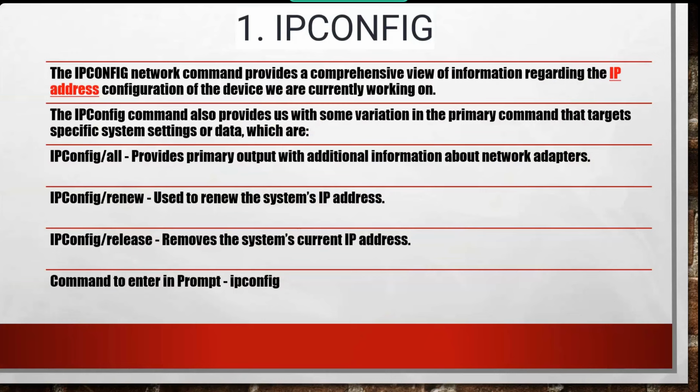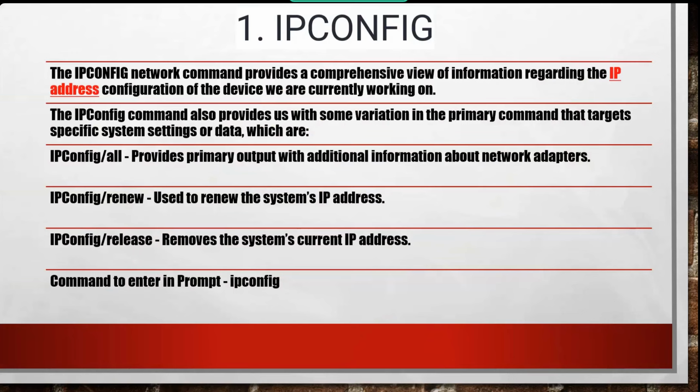The ipconfig command also provides some variations of the primary command that target specific system settings or data. We can either type ipconfig itself, or there are 3 other variations: ipconfig/all, ipconfig/renew, ipconfig/release.